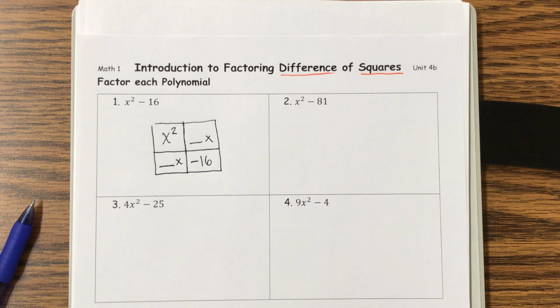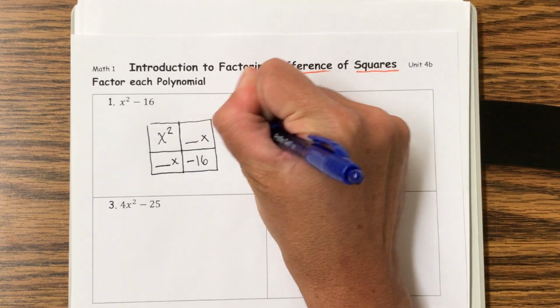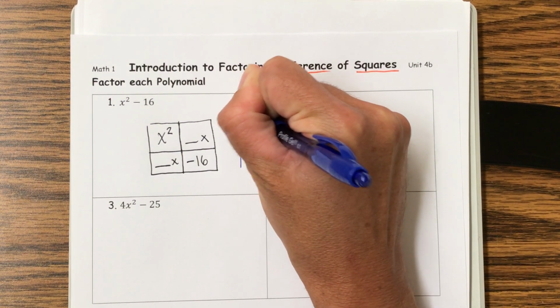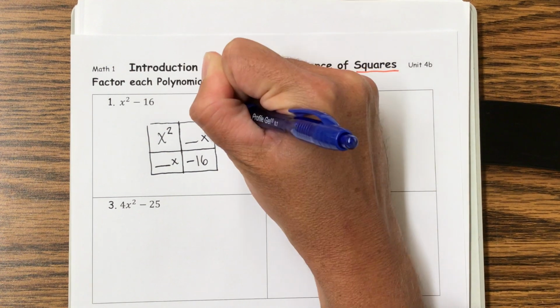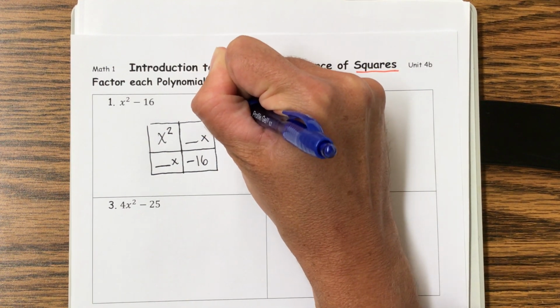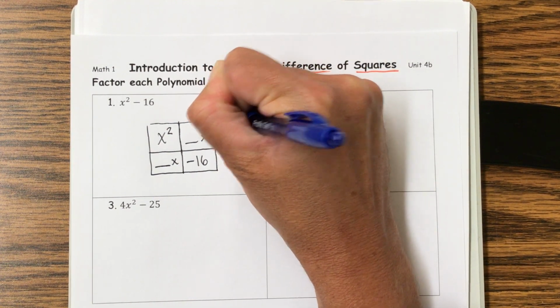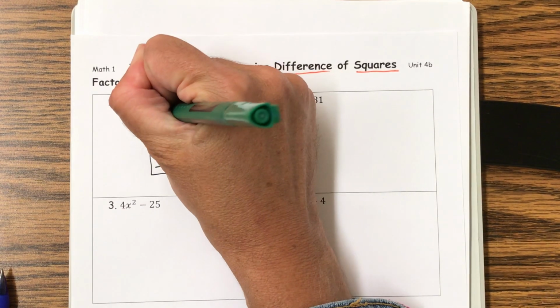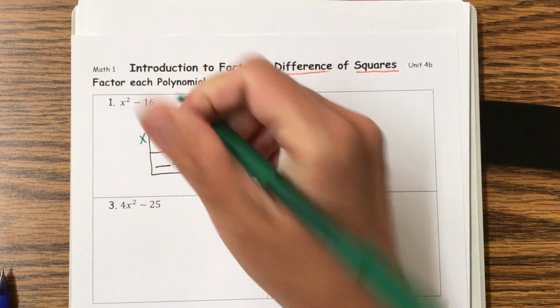What are factors of negative 16 that add to 0? And it's got to add to 0 because we don't have a bx. Well, whenever we set it up and we try to find our dimensions, x squared is still x and x.